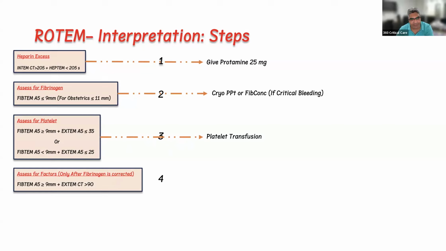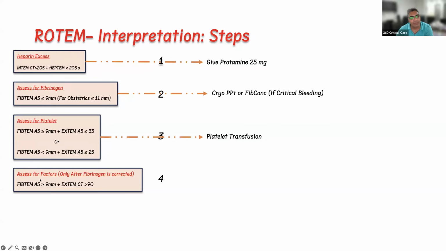Okay, factor deficiency. But the prerequisite is first you have to correct the fibrinogen. If you don't look for fibrinogen and correct it, then most of the channels will be abnormal and you will not be able to find the real reason for that. So you have to first look for the FIBTEM channel, correct the fibrinogen, and then go to the next step.